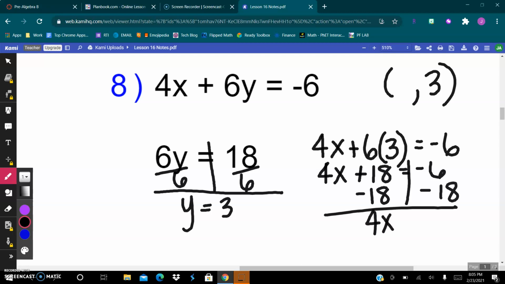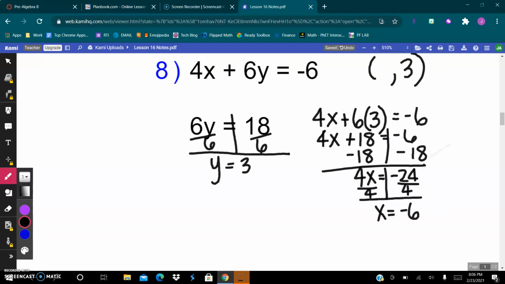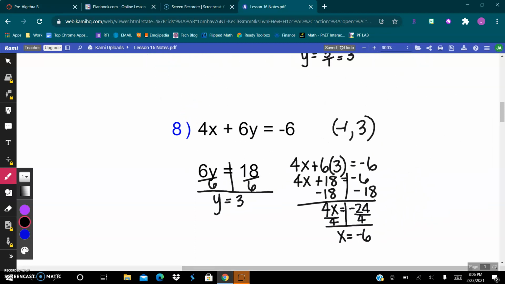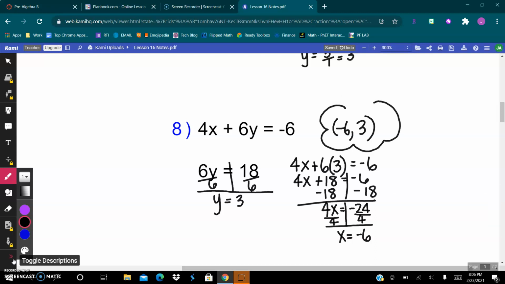And I have 4x equals negative 6 minus 18 would be negative 24. And then I have to divide by 4. And x equals negative 6. So then I can write that in my ordered pair. And these two lines cross at negative 6, 3.